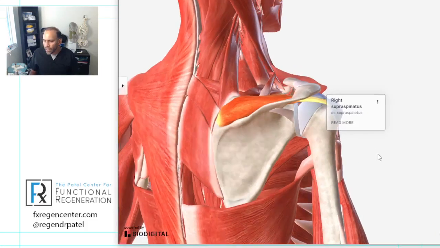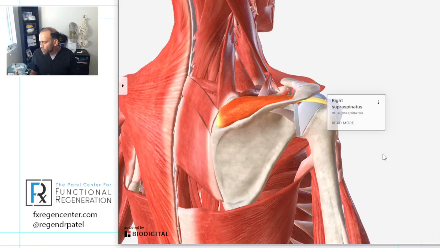So to recap, the things that we generally try to avoid initially when it comes to shoulder pain conditions, we try to avoid pushing exercises like strengthening the deltoids, so overhead press, chest press, or bench press, things along those lines.